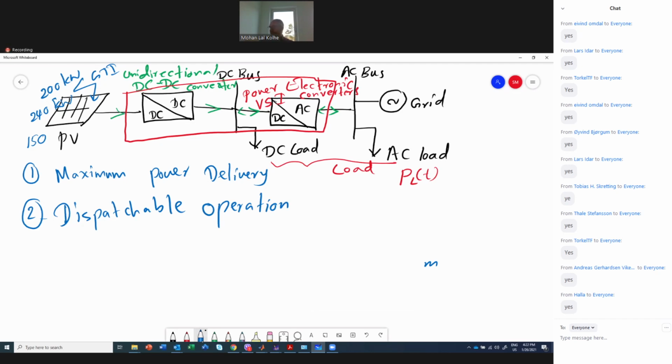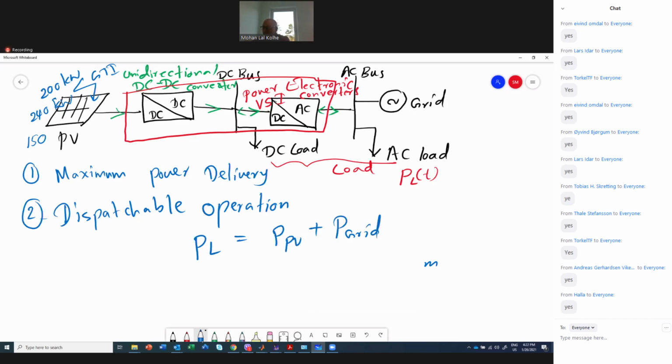Here in the dispatchable operation, similarly, this is the P load, and this is our PV system power and the grid power.